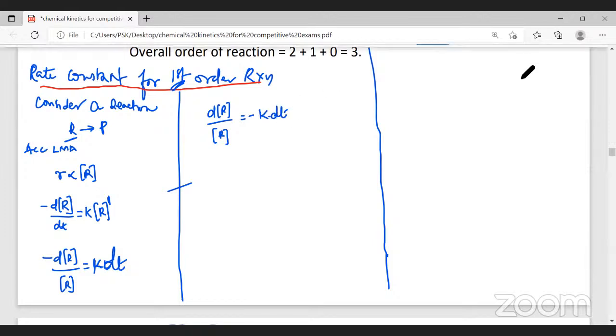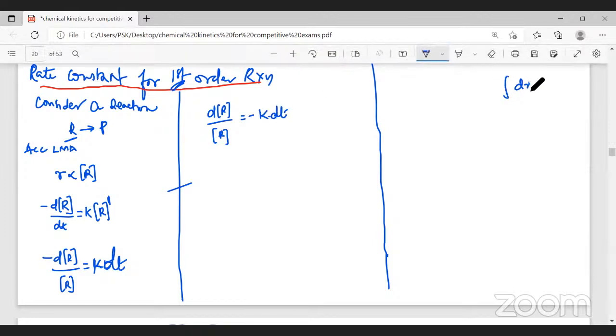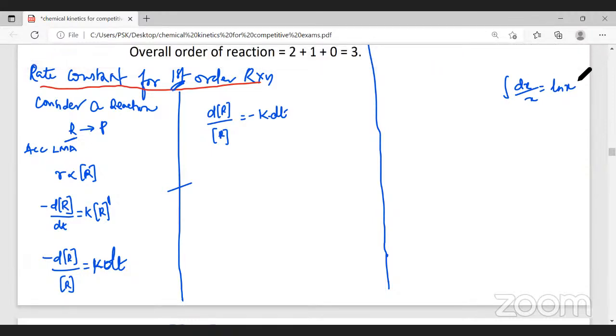You should note, now integral of dx by x is natural log of x. When we say natural log, it is log to the base e, not log to the base 10. Natural log is represented as ln. Log stands for log to the base 10.